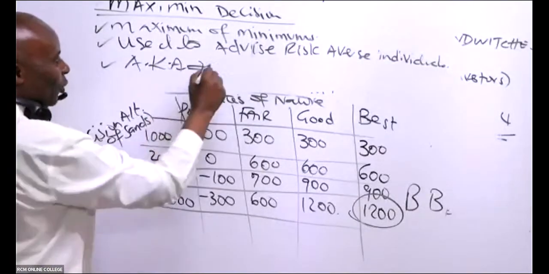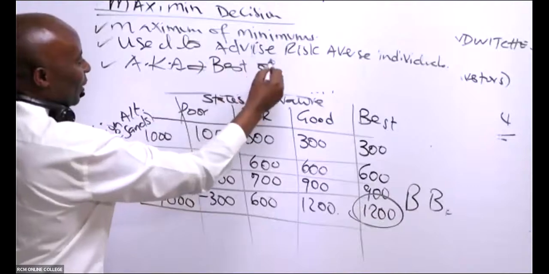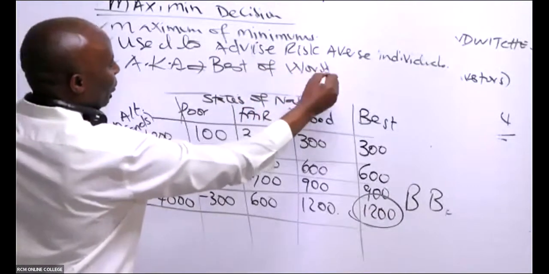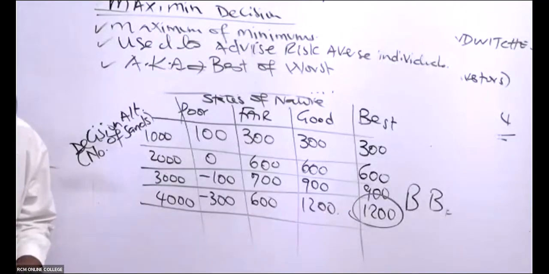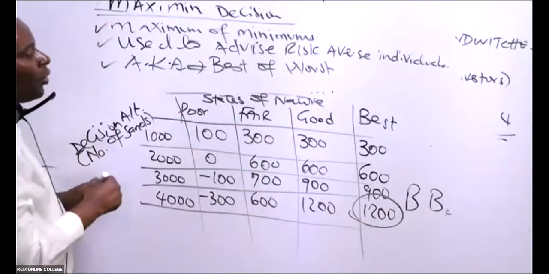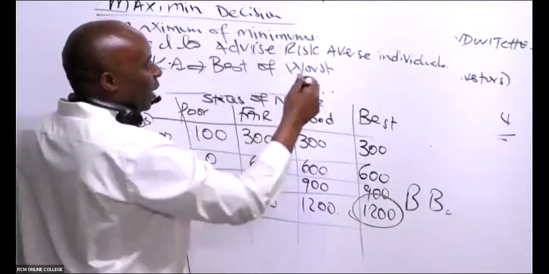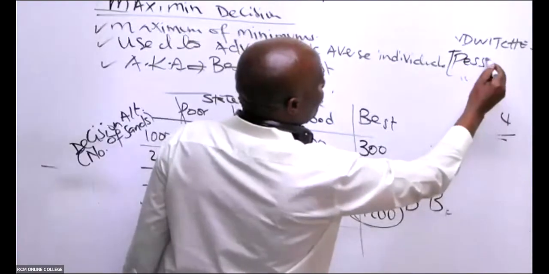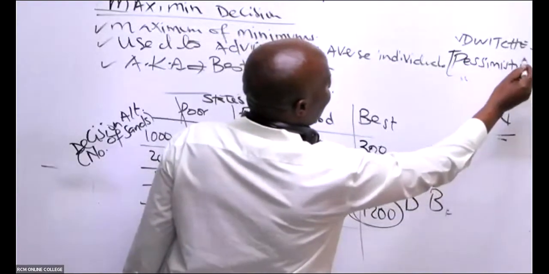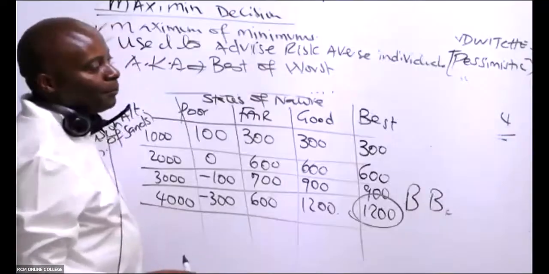Best of worst. Thanks for trying. Best of what here, somebody? Worst. Best of worst. Thank you so much, LN. Actually, LN is telling me to also tell you that this one is the same as what here, pessimist. It is used to advise pessimistic individuals, pessimists.